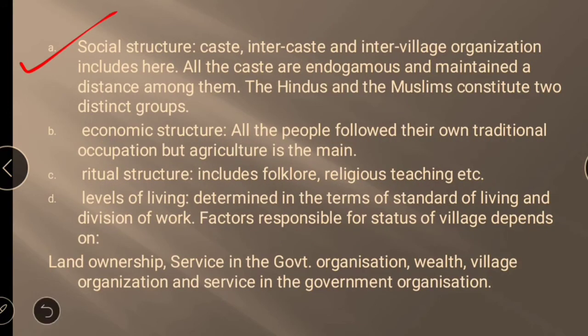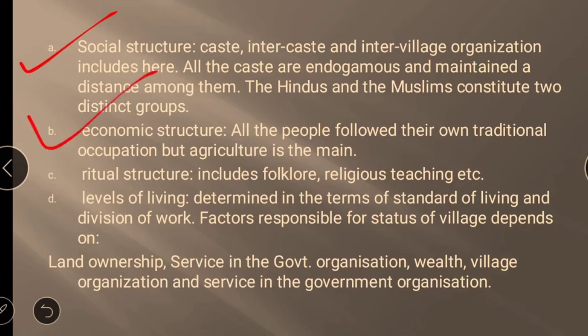The first one is social structure, where he said that in a village all endogamous groups used to live. All the groups, maybe Hindus or Muslims, constitute two different, distinct groups, and they used to live with interaction, right?